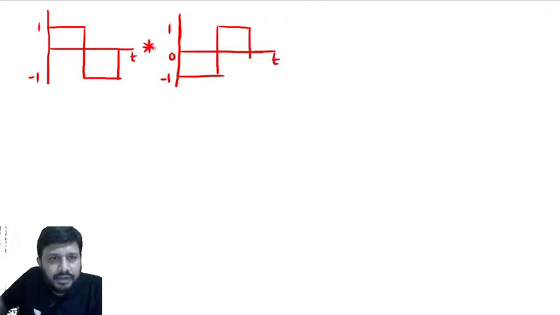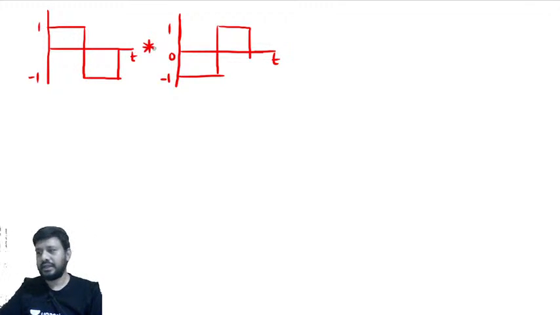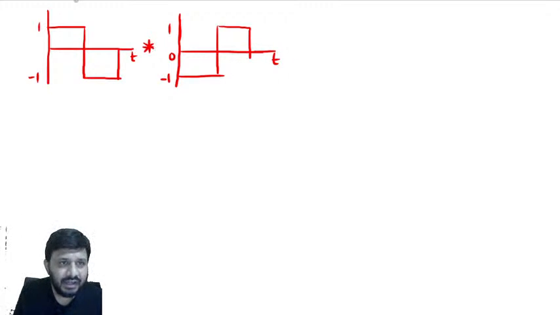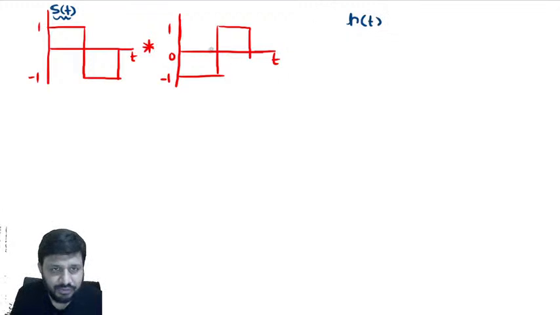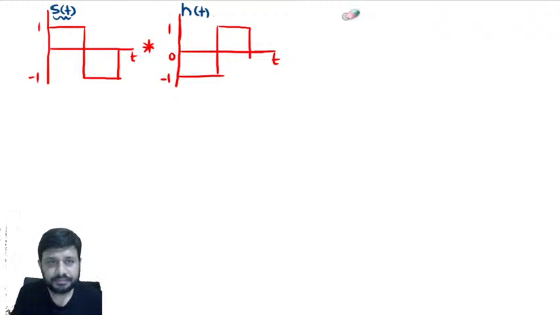Actually, this kind of problem came for EC students in digital communication, especially in the topic called matched filter. They'll say that this is the input to the matched filter, and this is the impulse response, and you have to find the output. And we know that given the input and impulse response, the output will become the convolution.